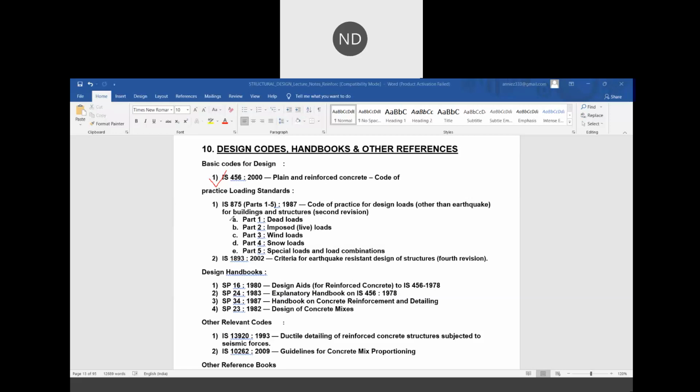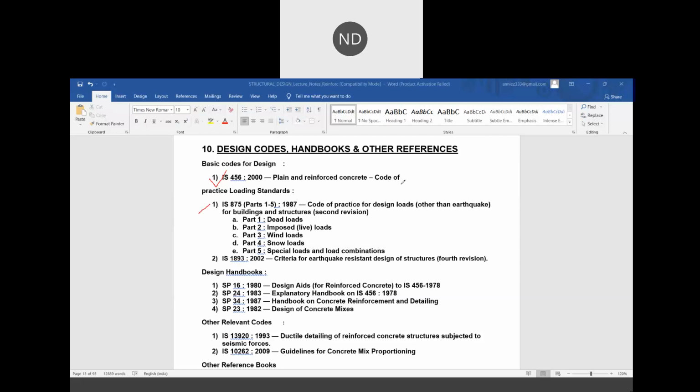Now the next code of practice is which one? IS 875 part 1 to 5, 1987, code of practice for design loads for buildings and structures, second revision.